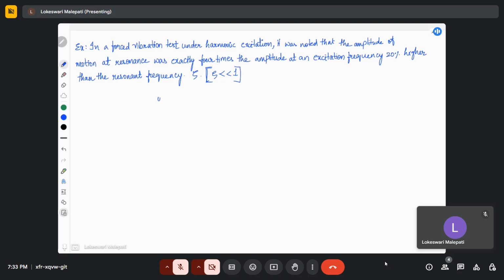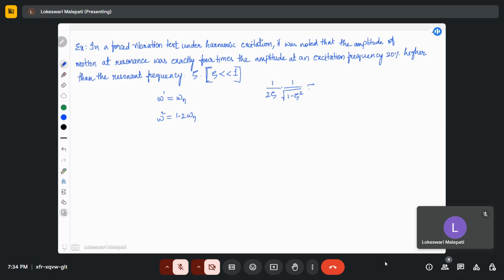So we can assume that the resonance frequency is equal to omega n. This is the first frequency. The other thing is at a frequency 20 percent higher, so 1.2 times omega n. So the ratio of these amplitudes they have given us is 4 at these two frequencies. So at resonance frequency it is 1 by 2 zeta, 1 by square root of 1 minus zeta square.